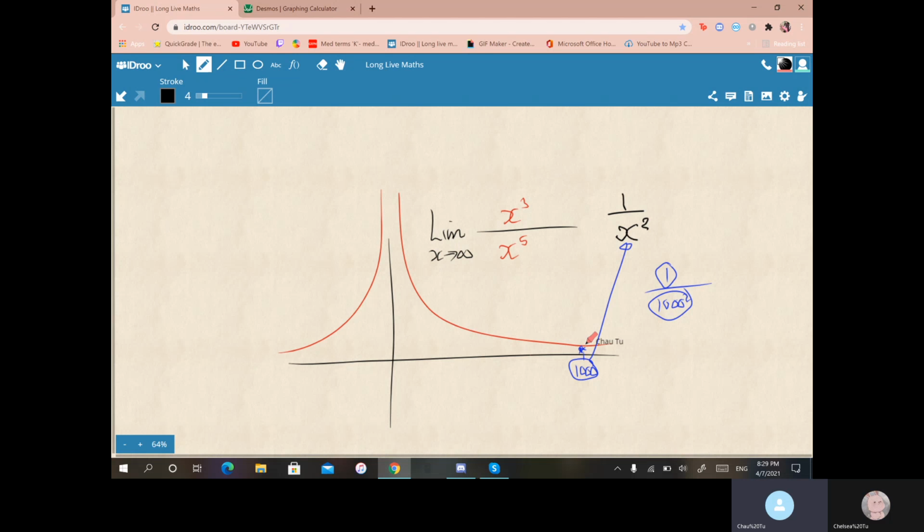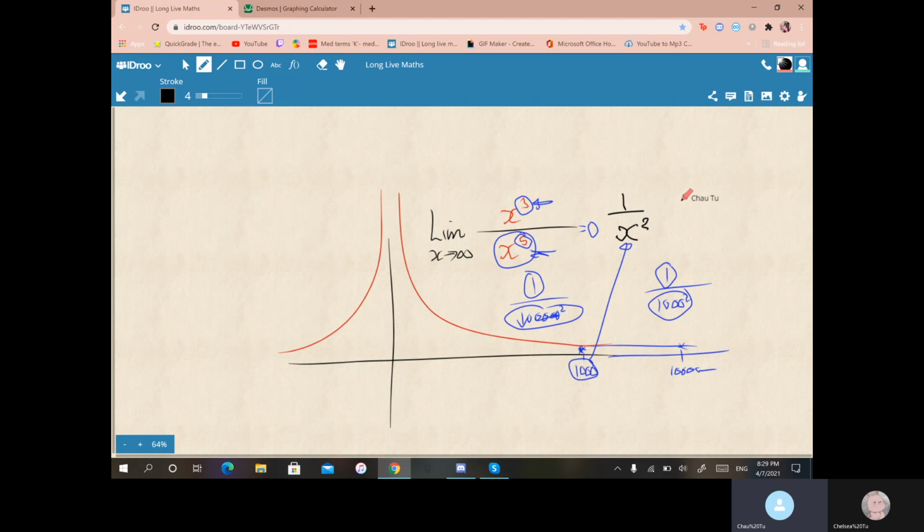And if you extend this to 1 million, 1 over 1 million squared, you're going to have 1 divided by a very, very big number, making it really small. So basically, whenever the index of the denominator is bigger than the index of the numerator, can you see the limit will be 0? Yay or nay, Chelsea?